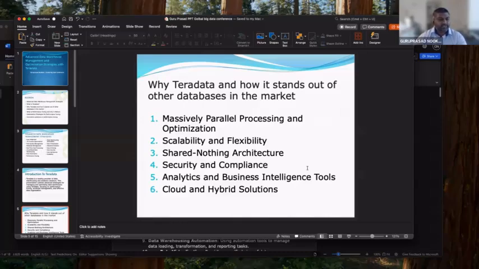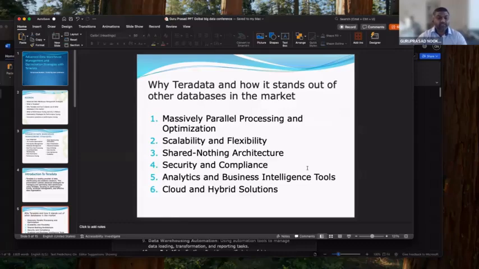The third feature is shared nothing architecture. This is a unique feature in this database. Each node in a Teradata system has its own CPU, memory, and storage, ensuring there are no resource bottlenecks. So if any one of them is not performing well, it doesn't affect the other nodes, because every node has its own CPU, memory, and storage.